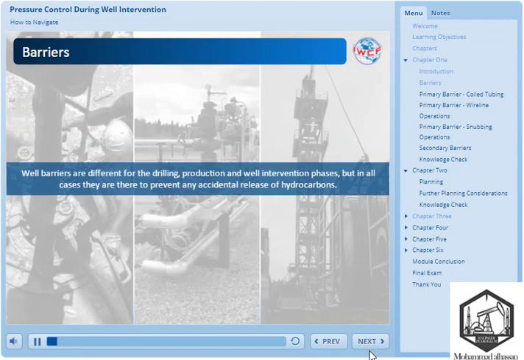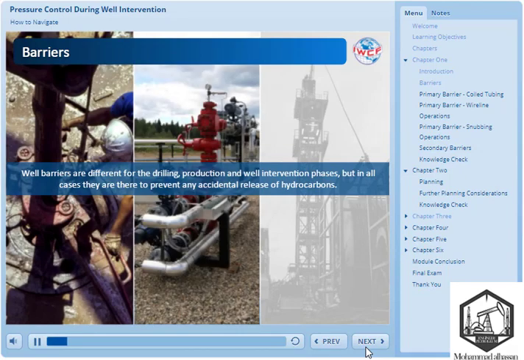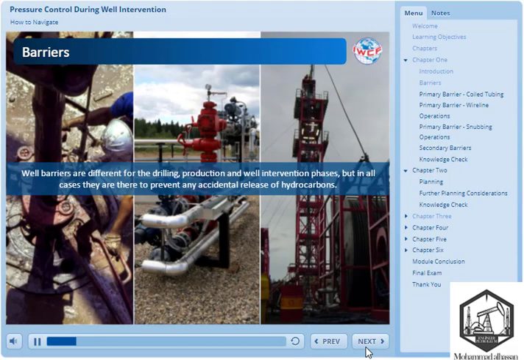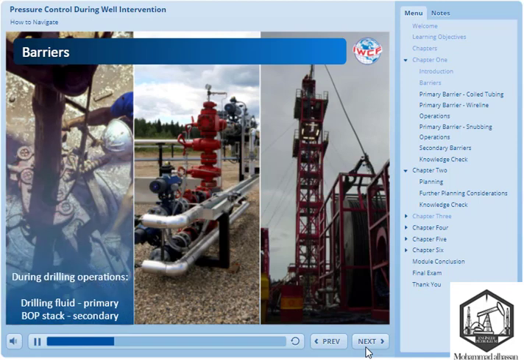Well barriers are different for the drilling, production and well intervention phases, but in all cases they are there to prevent any accidental release of hydrocarbons from the well to the environment. For example, during drilling operations, the primary barrier is the hydrostatic pressure of the column of drilling fluid and the secondary barrier is the blowout preventer stack.